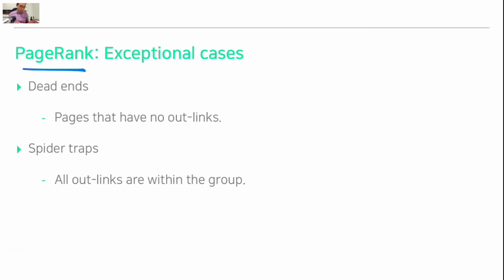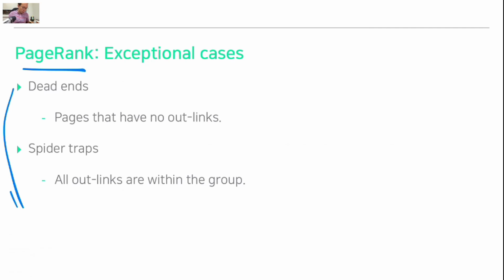So we need to see, are there any exceptional graphs where PageRank doesn't work? Here are two representative examples where the simple PageRank we described previously doesn't work.